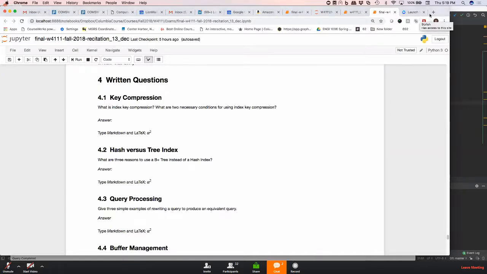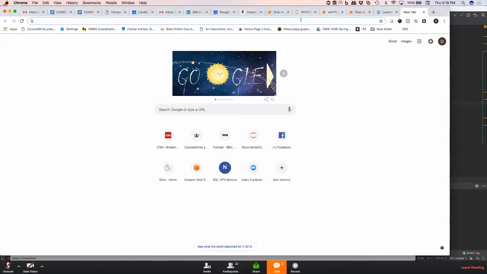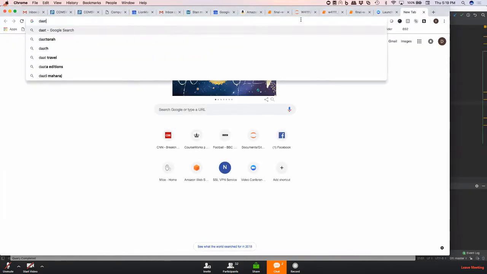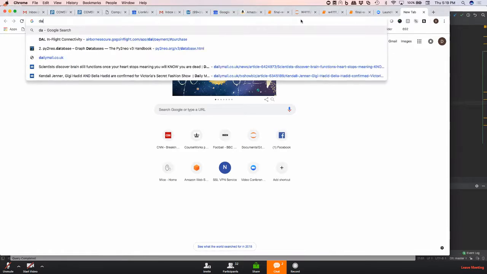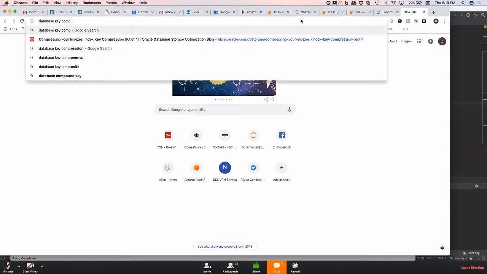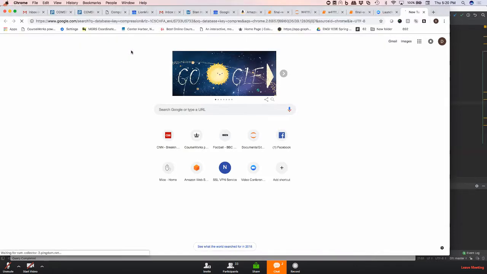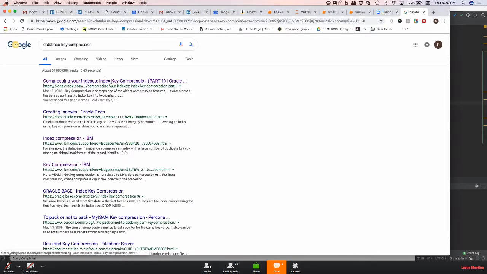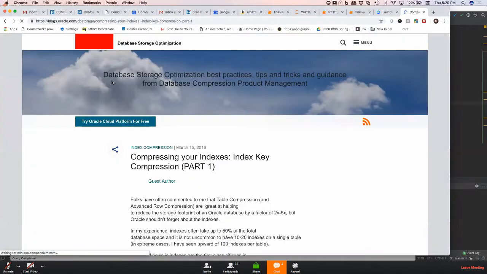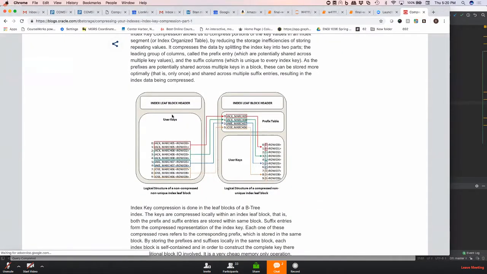As I said in the past, database key compression. If you go, you'll actually see this diagram is in the lecture notes.